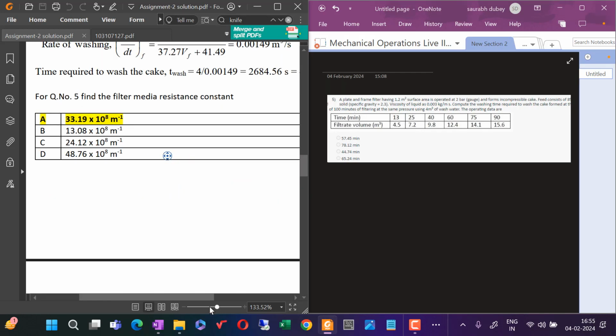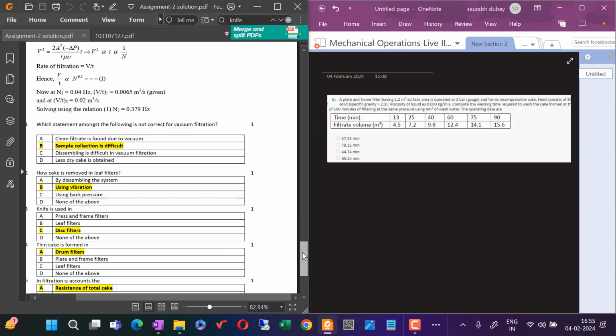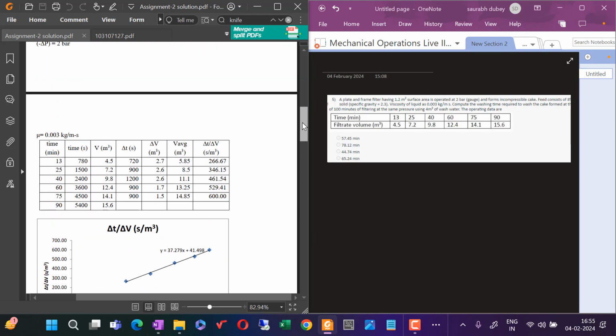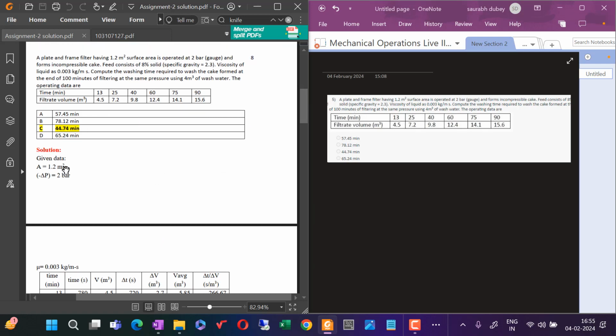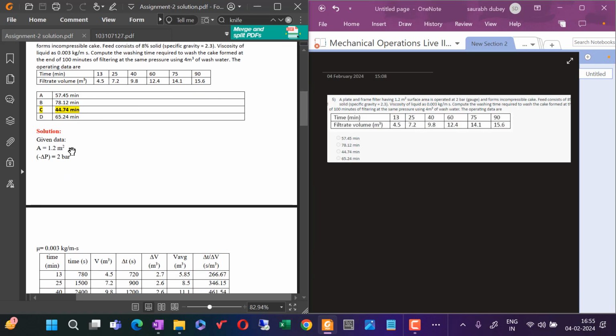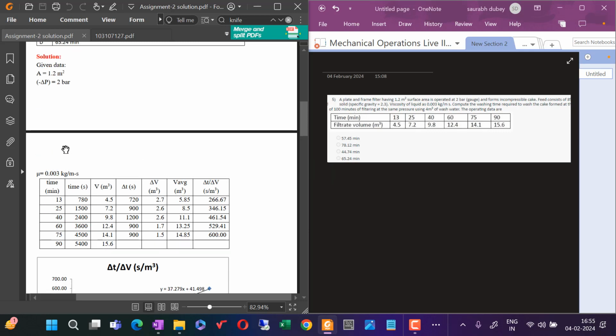Yes, this is the problem. You see, this given data is A equals 1.2 meter square, and this delta P is 2 bar. Viscosity is also given over here.